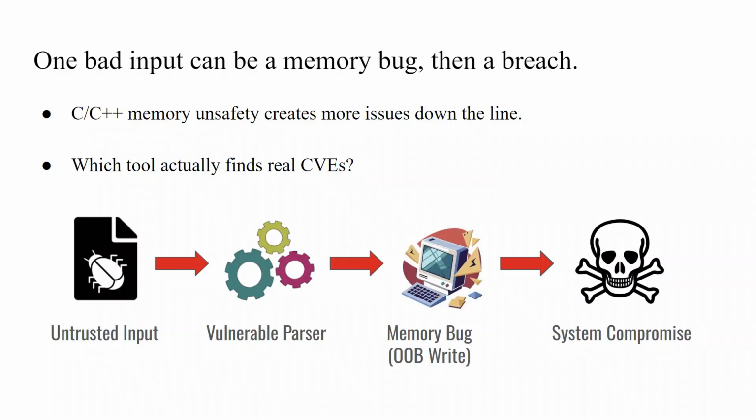If you picture a big parser that takes in untrusted input, one mistake in bounds can lead to a memory bug, and that can range from causing a crash, to leaking data, to an entire compromise.